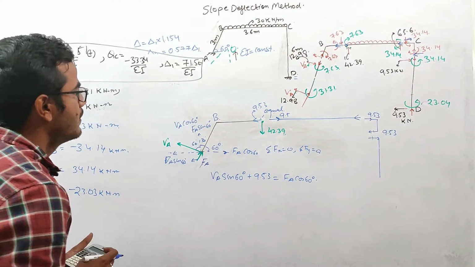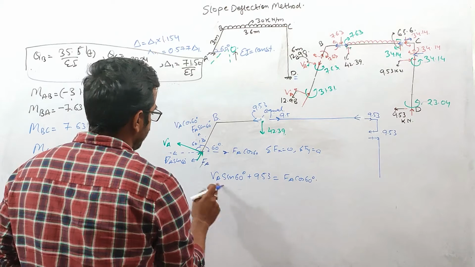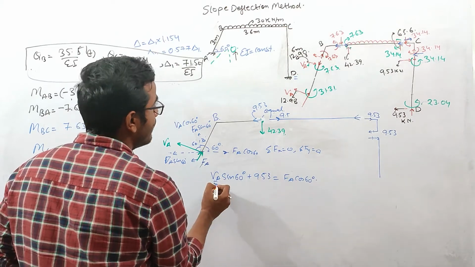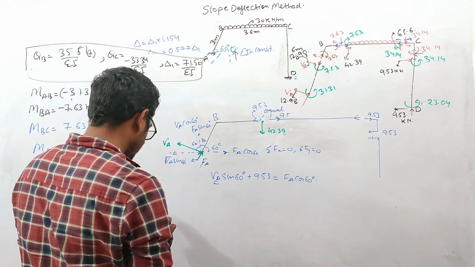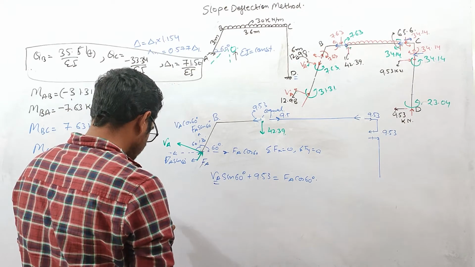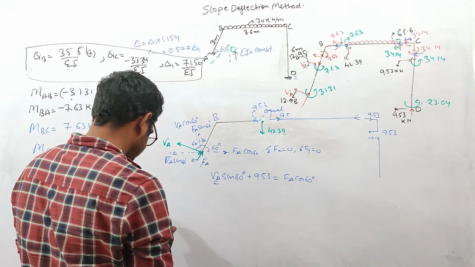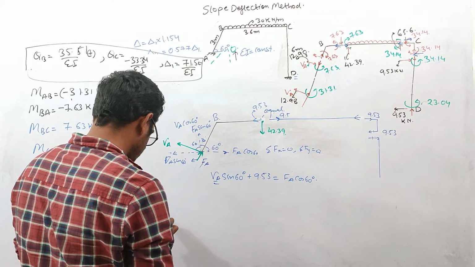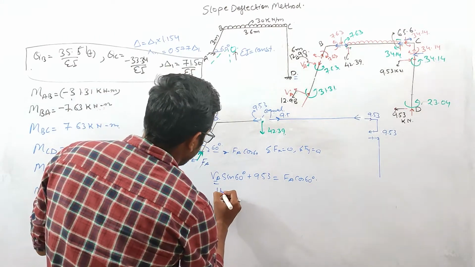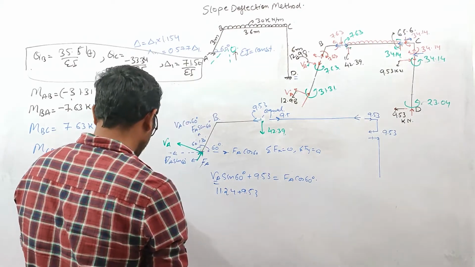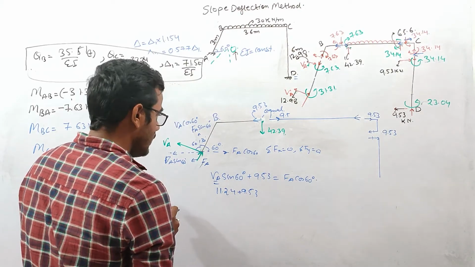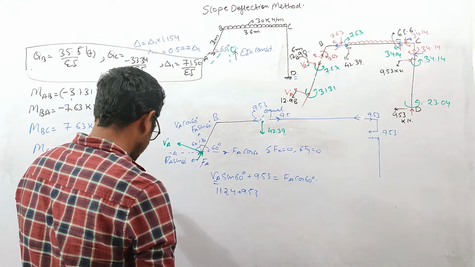This is 9.53 plus VA sin 60 in the same direction. VA we already know, it is 12.98. 12.98 into sin 60 is 11.24, plus 9.53, divided by cos 60.